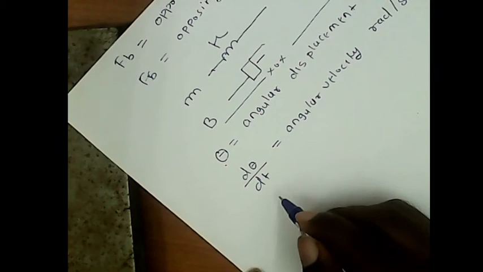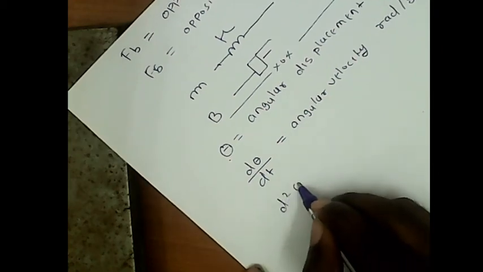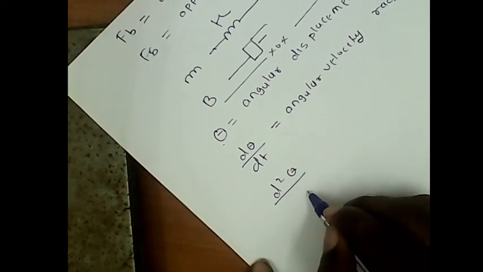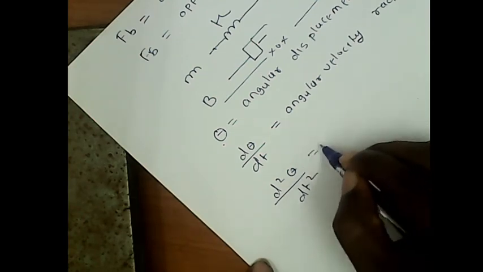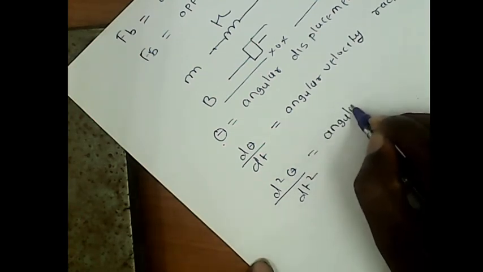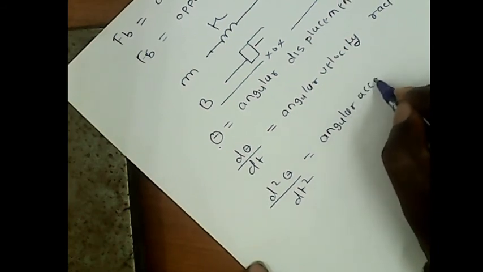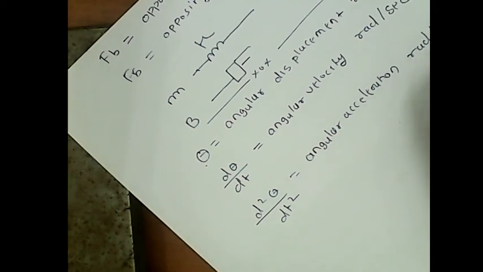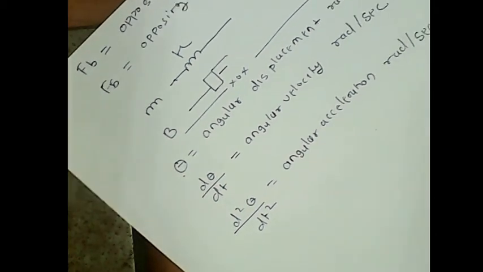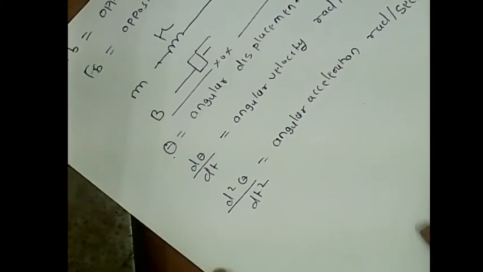Then angular acceleration d square theta by dt square, in radian per second square.